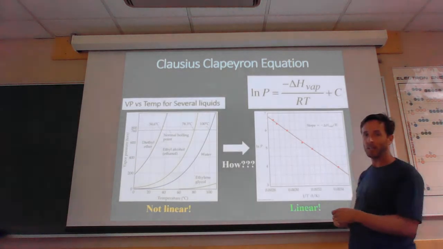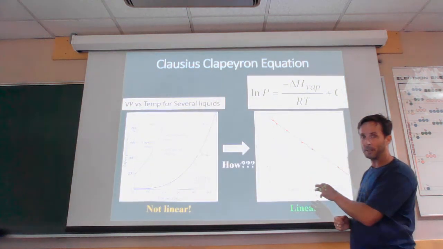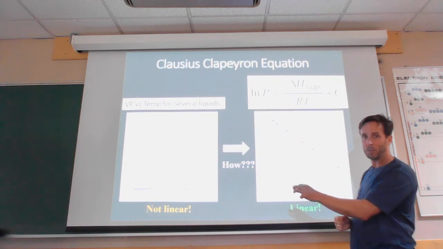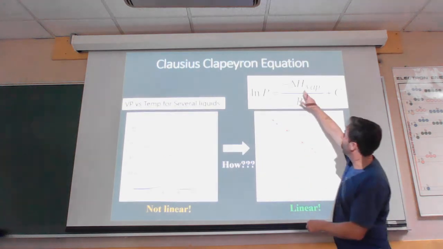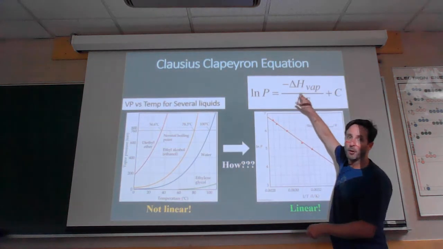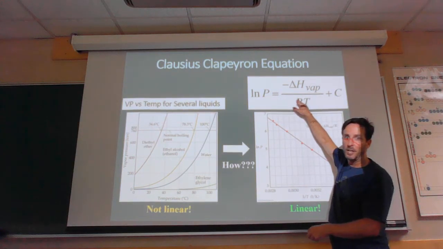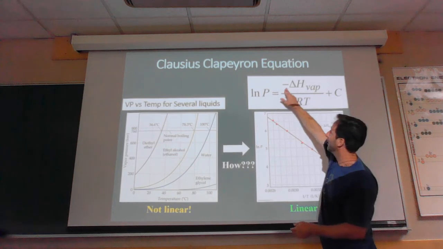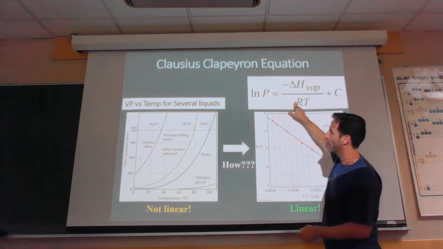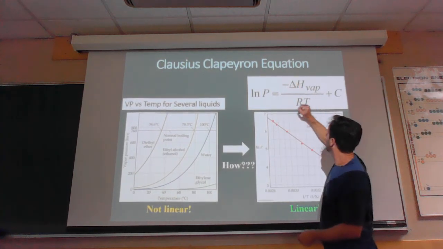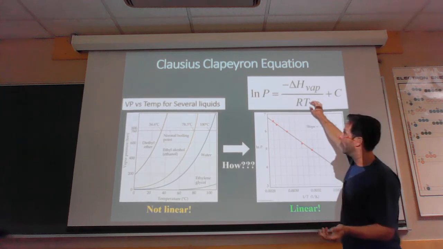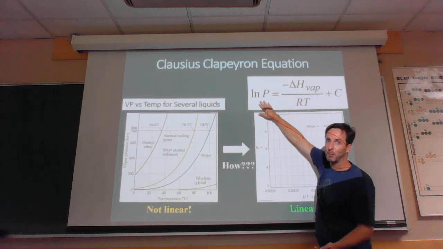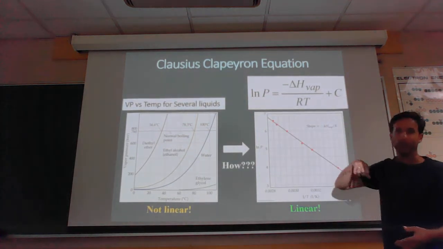And then in the equation of the line, y equals mx plus b, m is the slope, delta H over R, both of those are constant values. If you divide them, that's the slope, although it has to be negative. So it's negative delta H over R, that's the value of my slope. 1 over T is my x variable, ln of P is my y variable, and then C is just the y-intercept.